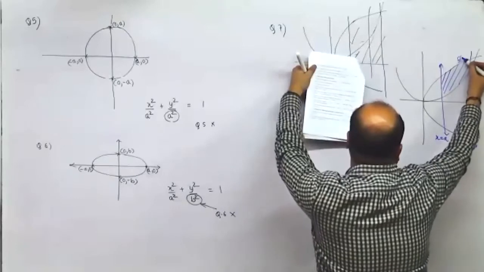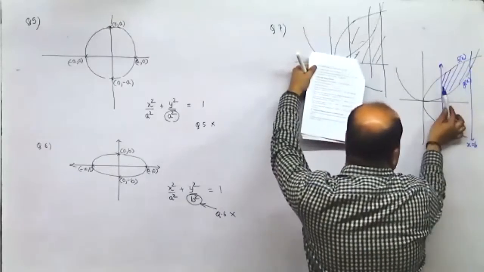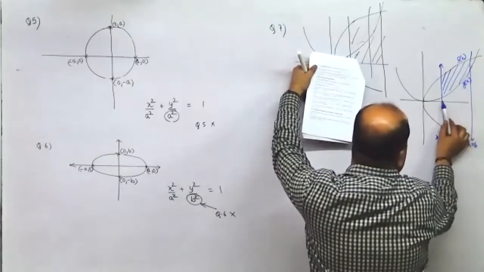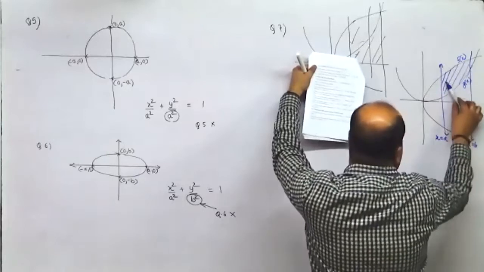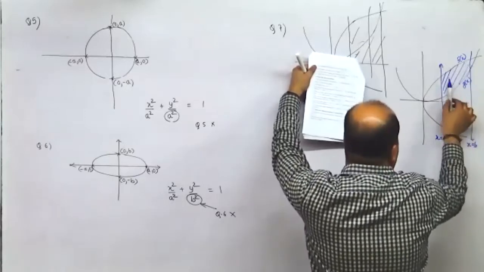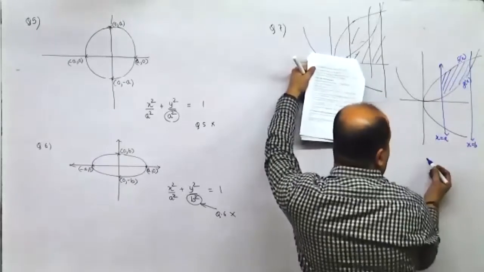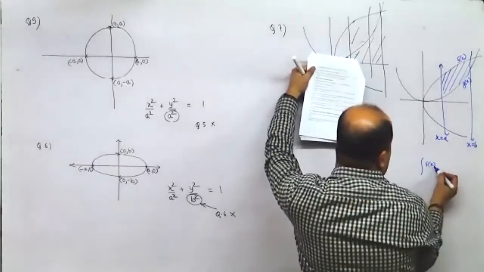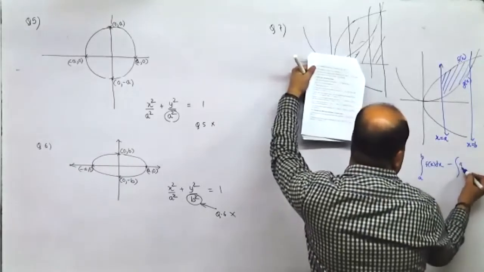Then this is suppose f of x and this is suppose g of x. Integration of g of x between this and this would give me this region. Integration of f of x between this and this would give me this region. If I want this region, I'll subtract g of x from f of x. I'll find f of x dx between a and b, and I'll subtract g of x from it.